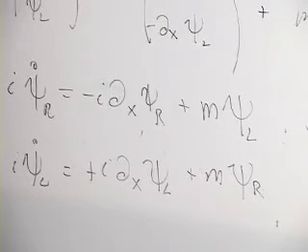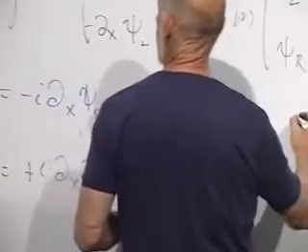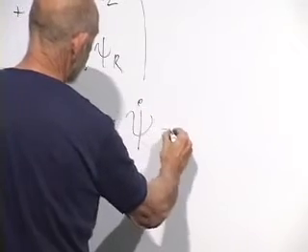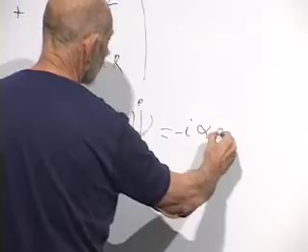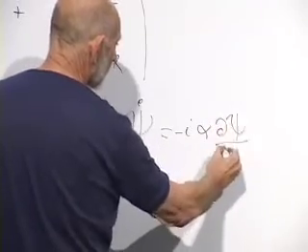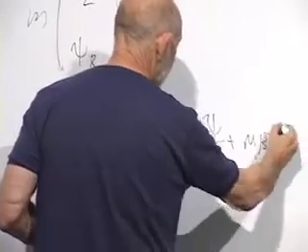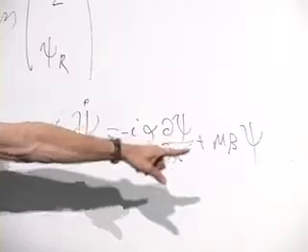You can write them in any number of forms. I can also write it as i psi dot is equal to minus i alpha d psi by dx plus m beta psi. In this form, I must remember that these are columns and that these are matrices.